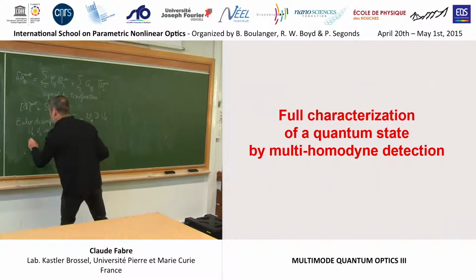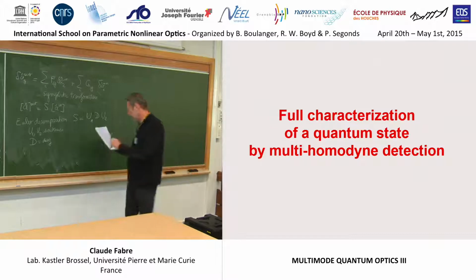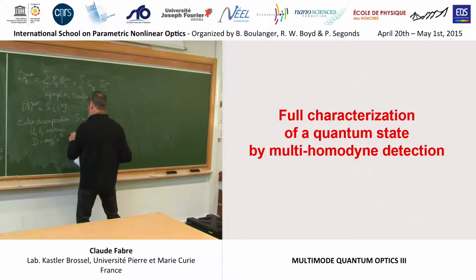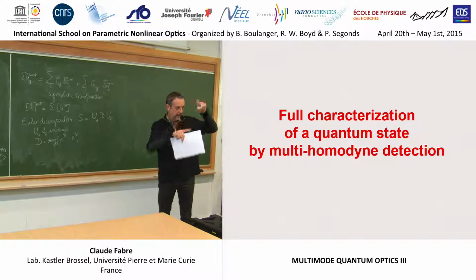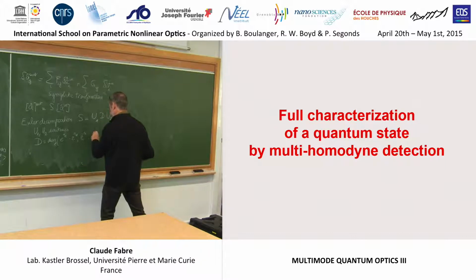And D is a diagonal matrix which contains terms e to the R1, up to e to the Rn for the first half of the matrix, and e to the minus R1, up to e to the minus Rn for the second.